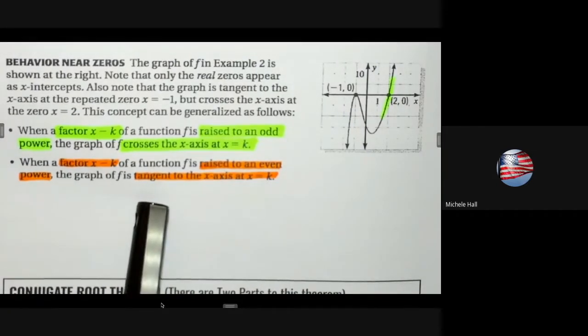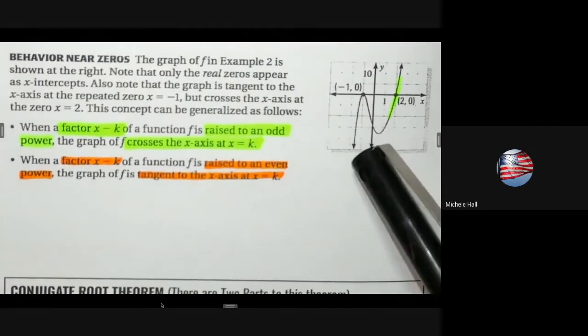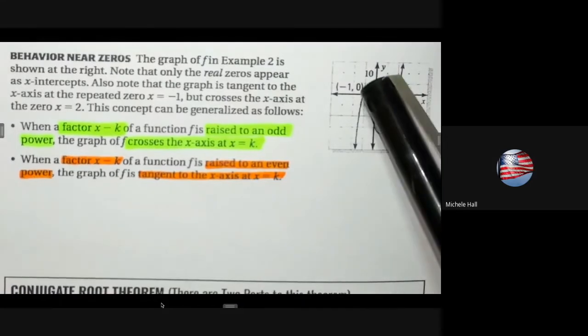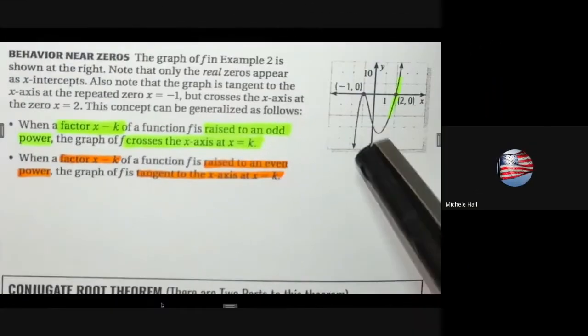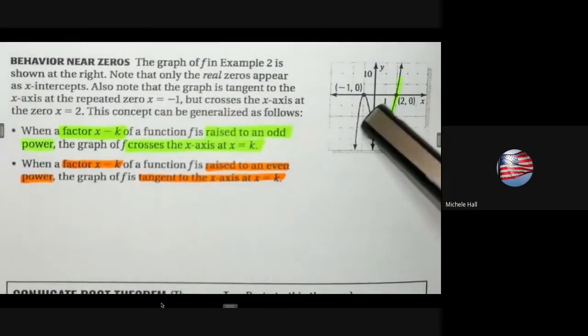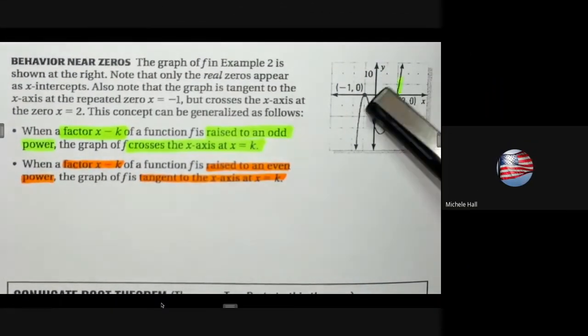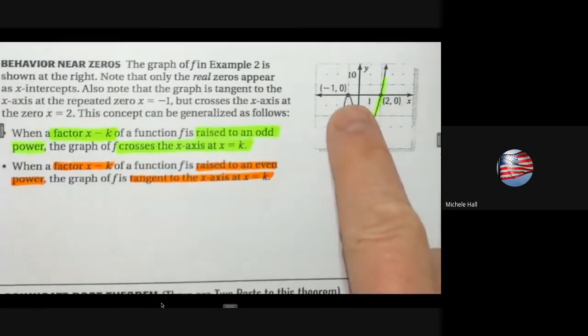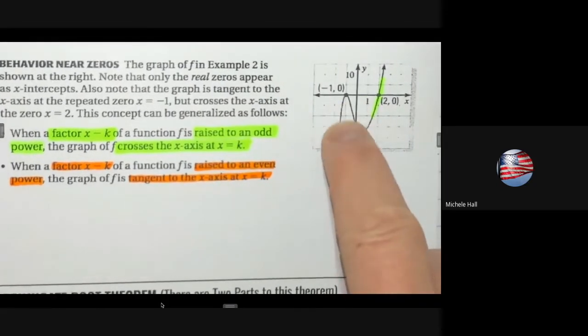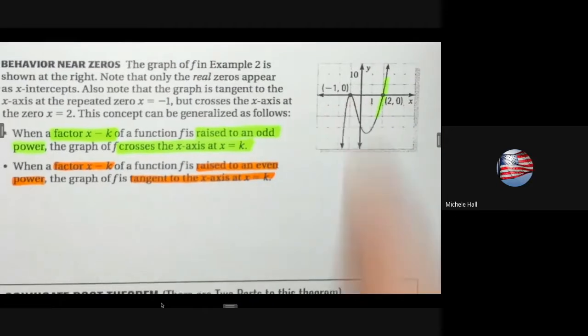Tangent means that the function is going to touch at a point. We can see here on the graph that at -1, the function is tangent at that point. It's just touching it at one point and then it bounces off.